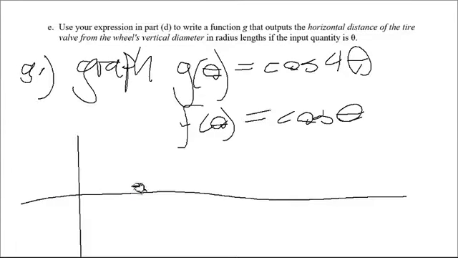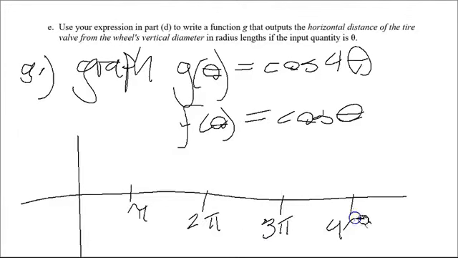So let's look at pi. That would be 1 revolution. This would be 1.5 revolutions, 2 revolutions. Maybe we'll go ahead and go up to 6 pi. Is this going to be enough room?